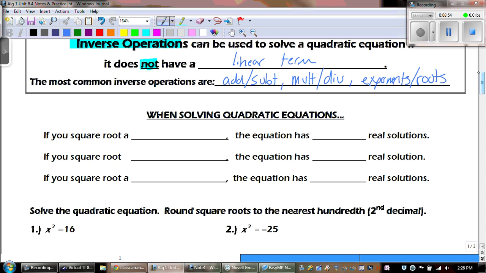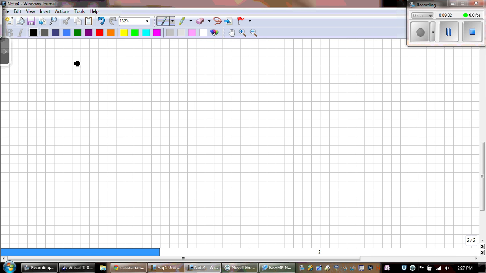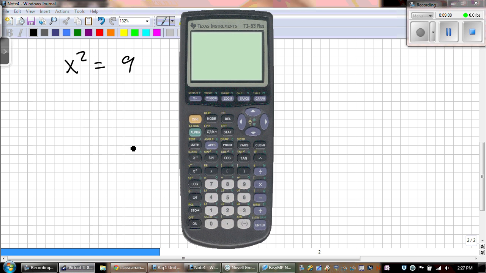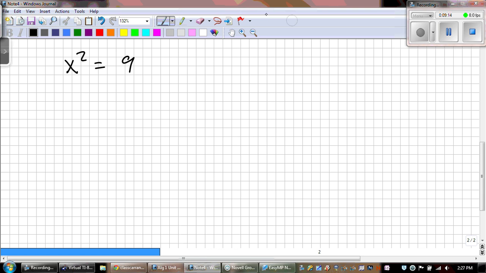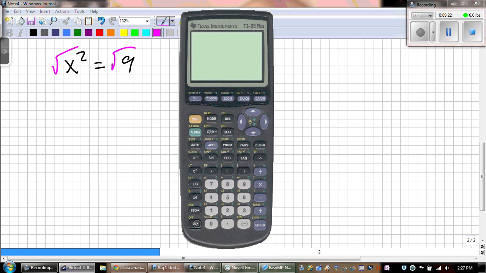When solving quadratic equations, if you square root, let's give an example real quick. Let's see how smart your calculators are. How many answers are here? X squared equals 9. Well, Mr. Grice just said that to get rid of a square, we would do the square root. So when I plug this into my calculator, I want to know what is the square root of 9? 3.